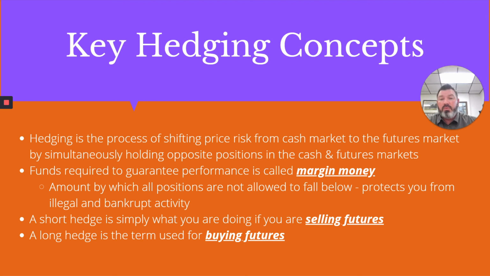That's really, really important that you have that available and able to utilize for trading. Second, that's the amount by which all of your positions are not allowed to fall below. So it prevents you from doing anything illegal and any bankrupt activity, hopefully, for protection.